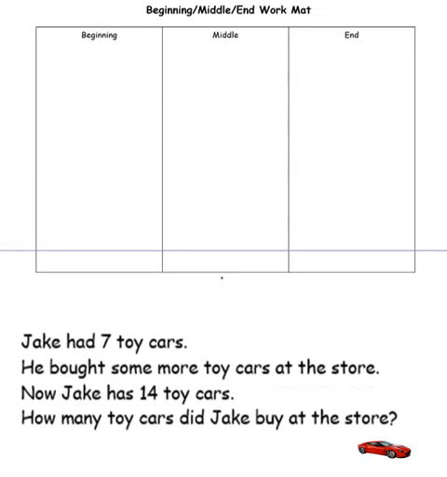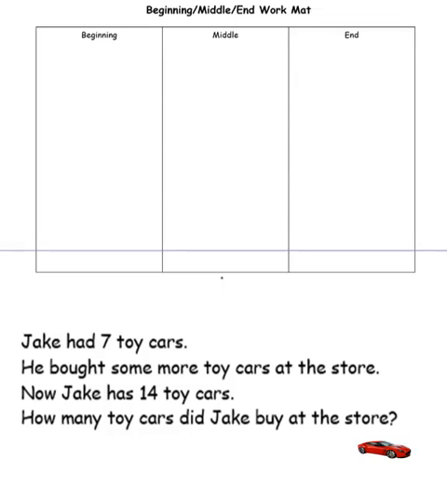As I'm rereading this problem again, I want you to think about how do our numbers fit into our story of what's happening? What do those numbers represent? Are you ready? Jake had 7 toy cars. He bought some more toy cars at the store. So what's going on so far?